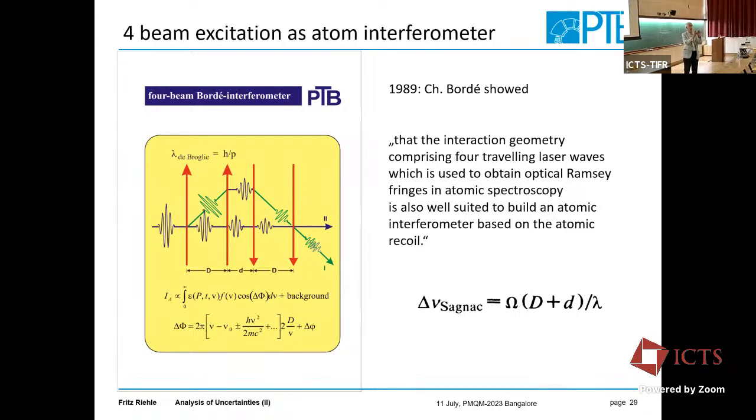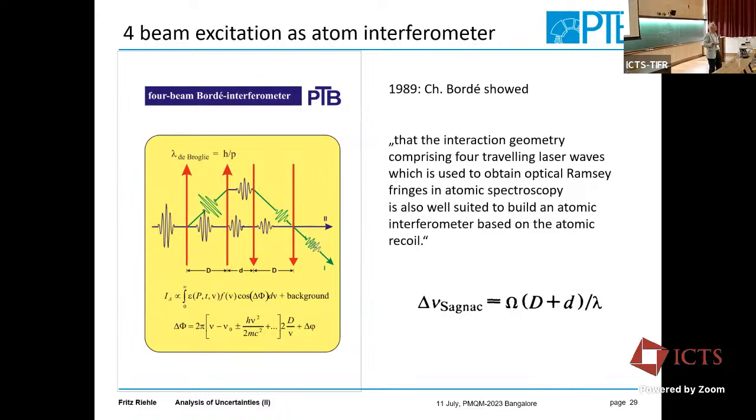So what this means is the atomic wave, the wave packet, the atom, if it enters the first interaction zone, interacts with the laser beam. And as I showed before, the interaction leads to a recoil. And what you really do in this experiment, you adjust the power in this beam in such a way that you have equal probability, 50%, that the atom is in the ground state and 50% that it is in the excited state.